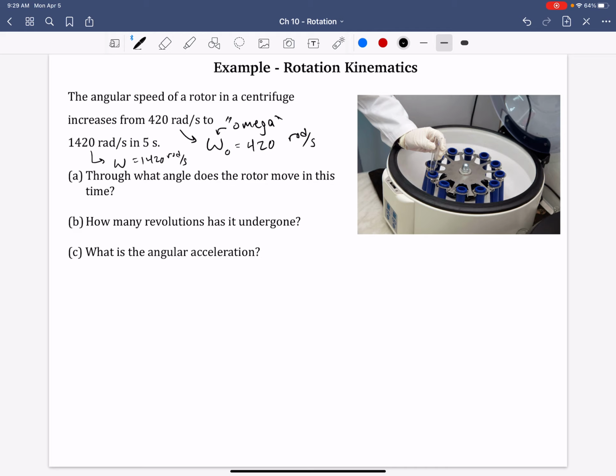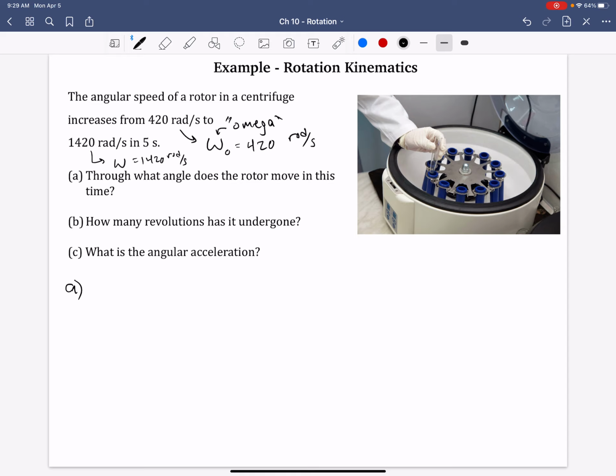Okay, so we want to find the overall angular distance. So in this chapter, remember, these angular variables are analogous to what we saw in the 1D kinematics with constant acceleration from chapter 2 and even chapter 4.